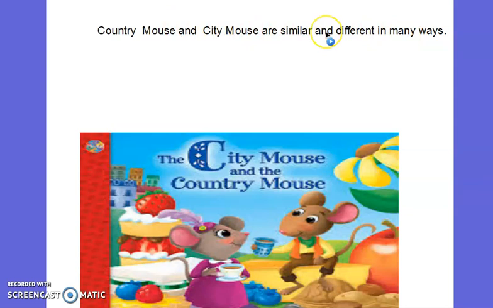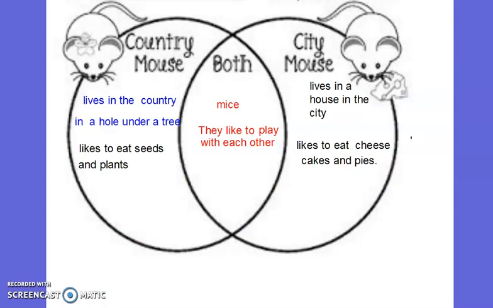So, when we read this sentence, we know that we want to write about the similarities and differences between the city mouse and the country mouse. So, we leave a space and we start with the topic sentence. Country mouse and city mouse are similar and different in many ways. Now, we want to start with the similarities. Let's look. What did we write in the similarities?